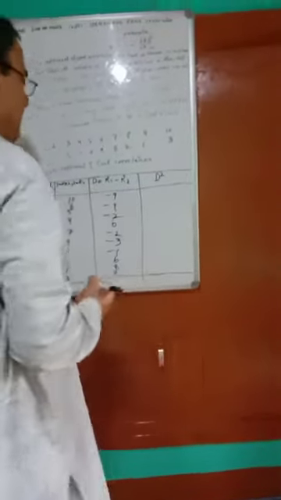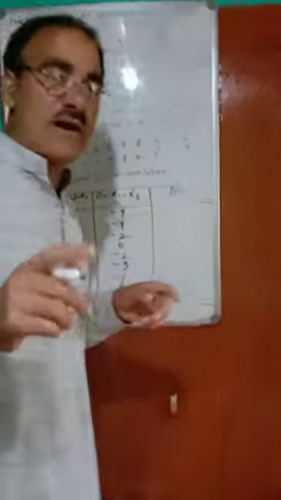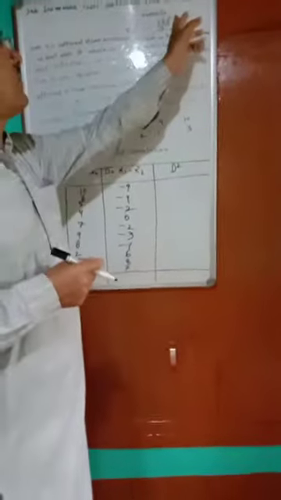Now what do we have to do? We need d square. As far as the formula is concerned, we have to square this difference.